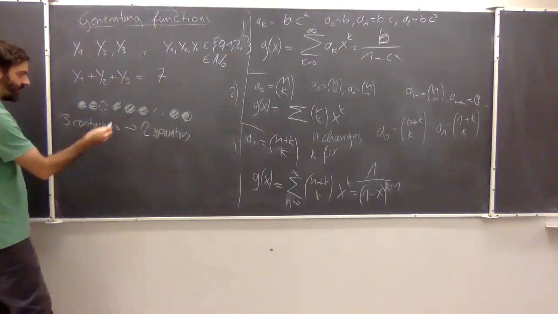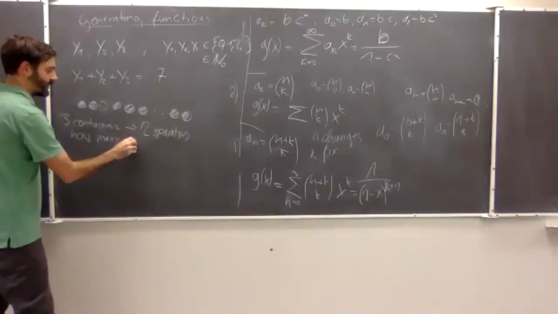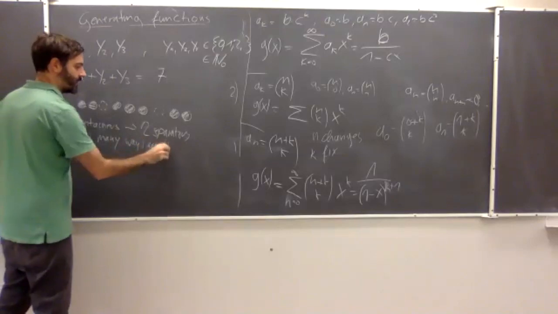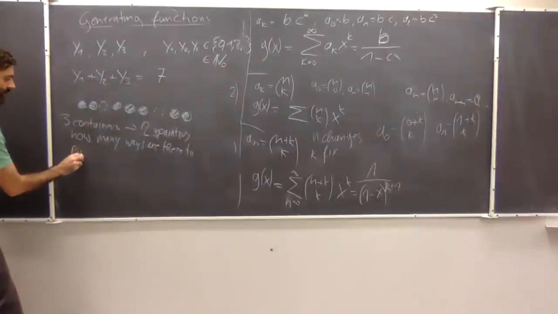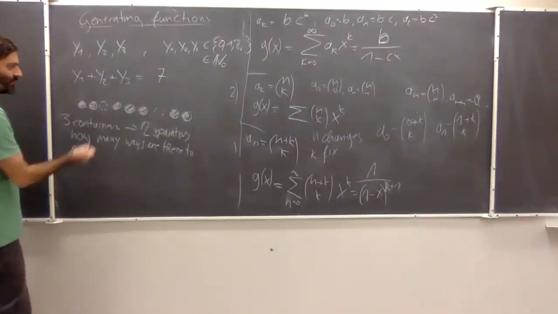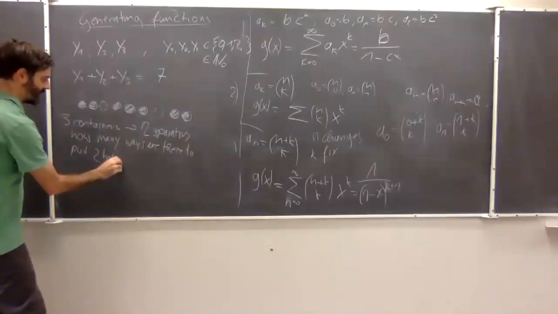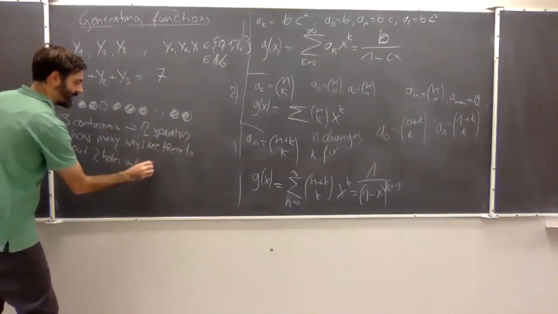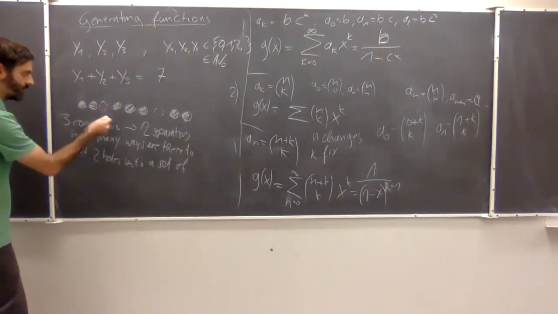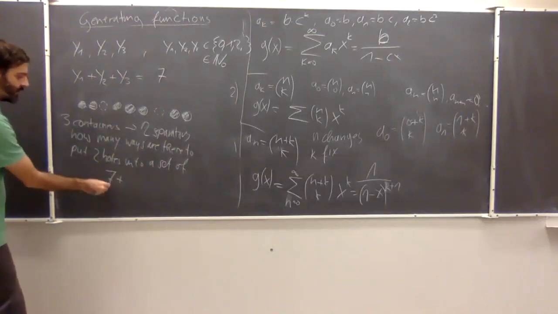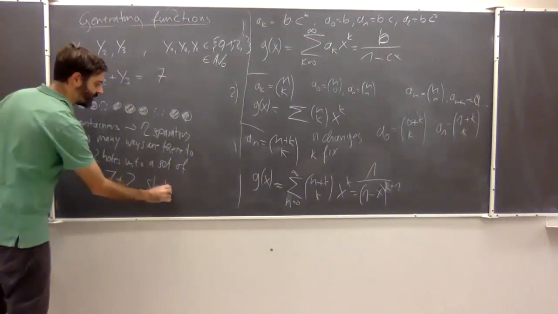That means that I have to ask how many ways are there to put two holes into a set of, let me think, 7, so that's the number of boards. 2 is the number of separators, so number of boards plus number of separator slots.